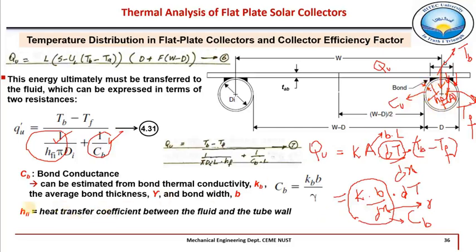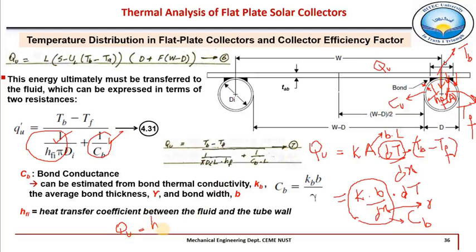That heat transfer coefficient is given by HFI. So in other words, we can write the same equation like this one. This was the heat transfer equation for this welded bond. Similarly, we can write the heat transfer equation, the same QU, from the inner edge of this pipe to this fluid, where the heat transfer is by convection.